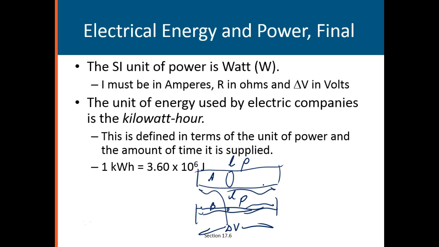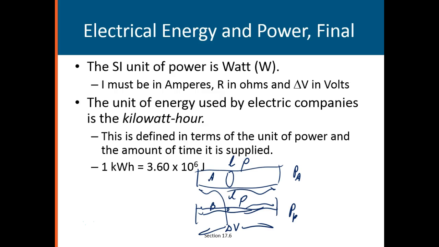For a given voltage difference across the ends, what is the relationship between the power PA and PB for wires A and B, respectively?